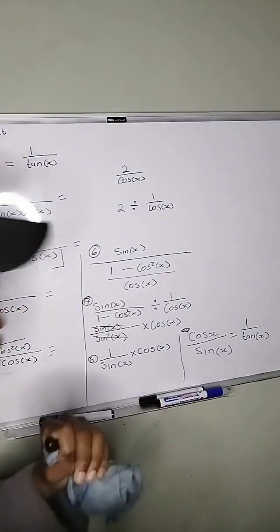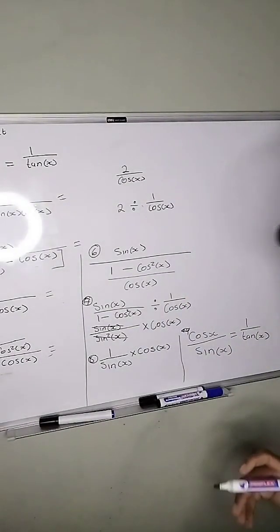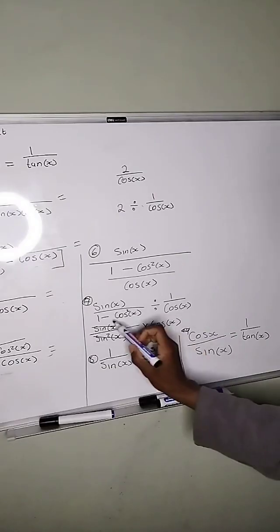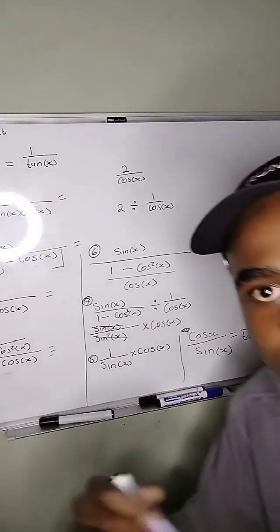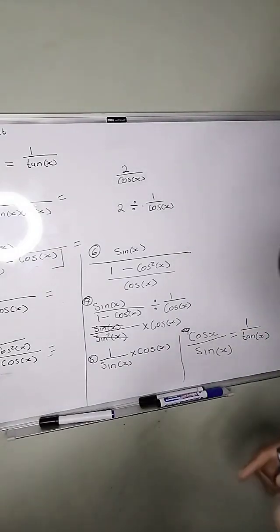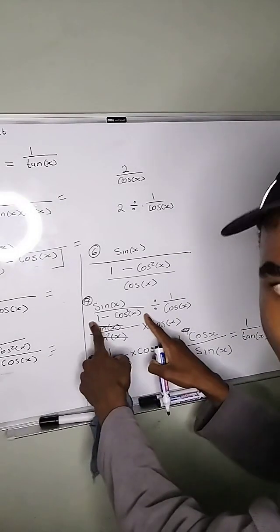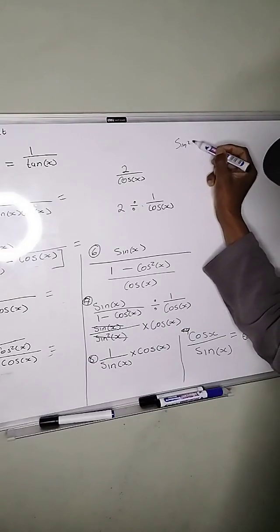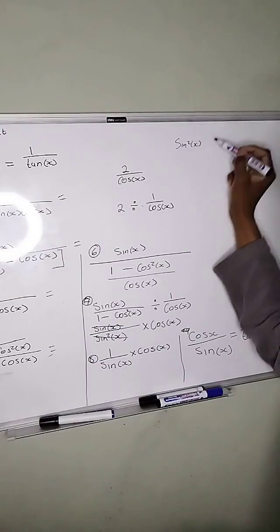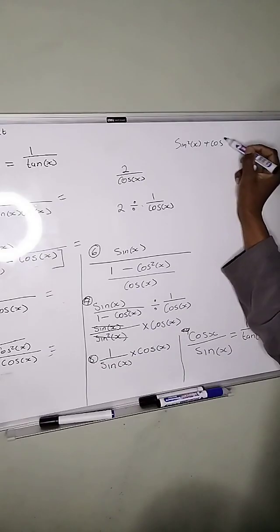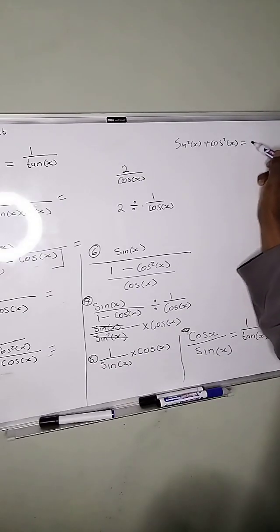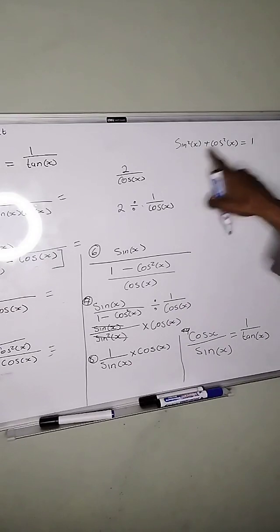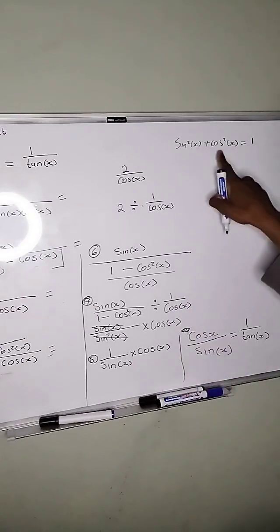Thank you very much. So now let's move to step 7. Step 7, the first thing, if I understand your confusion, this is going to be your identity. Remember, sine squared x plus cos squared x is going to be equal to 1, right? What is sine squared x equal to?